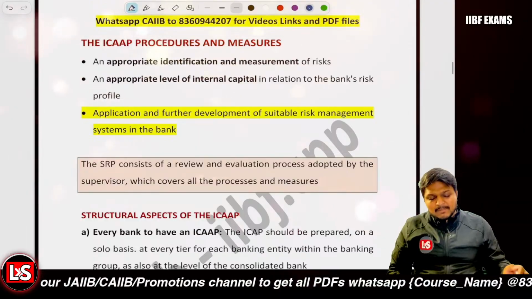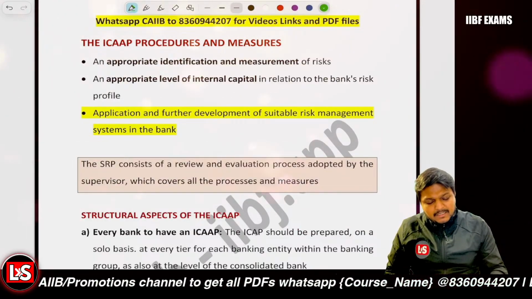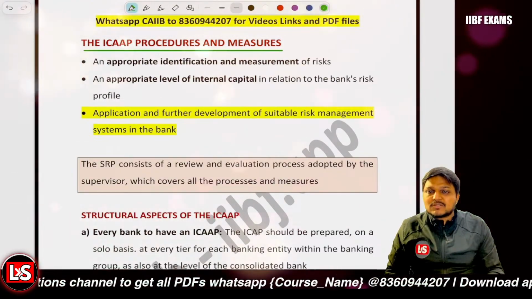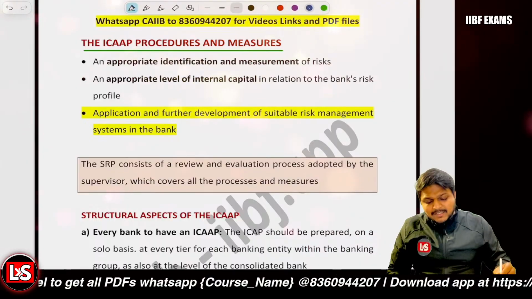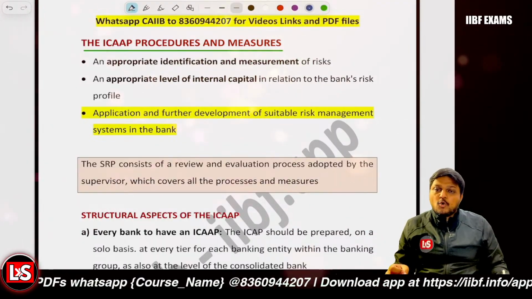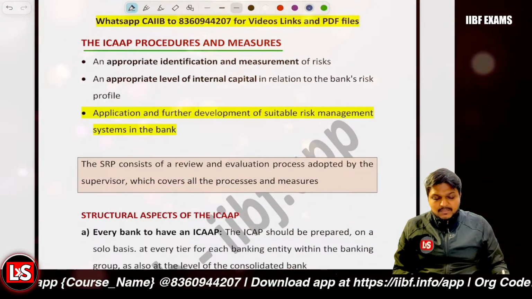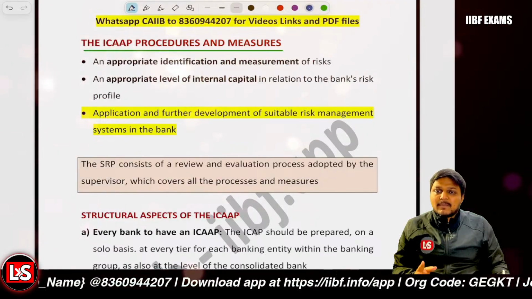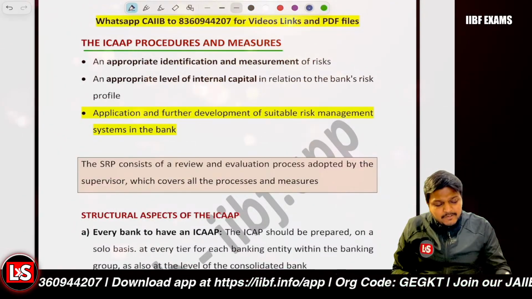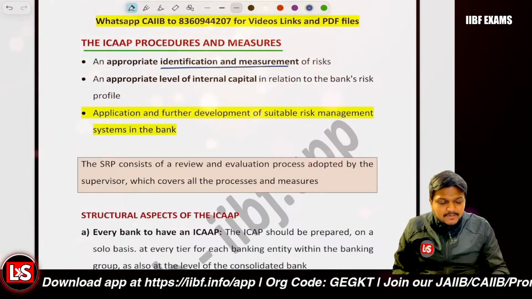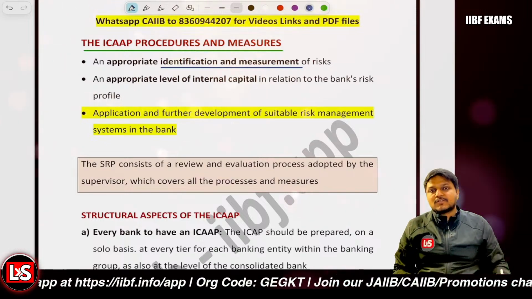Then the next topic, it's about the ICAAP procedures and measures. So what are the core ICAAP requirements? The core ICAAP requirement is related to identification and measurement of the risk, identification and quantification of risk.